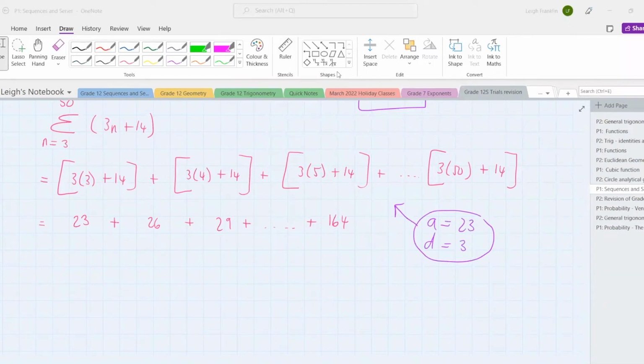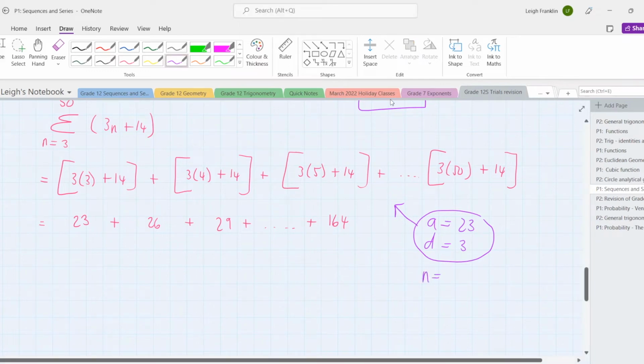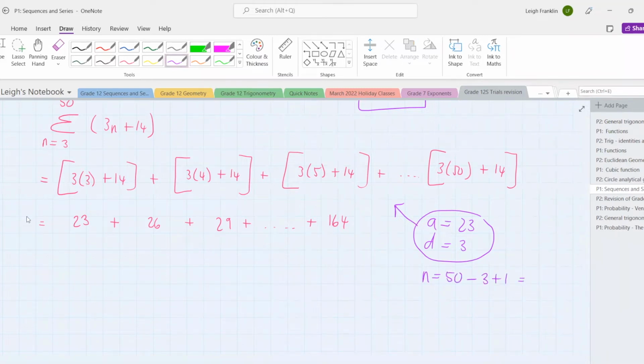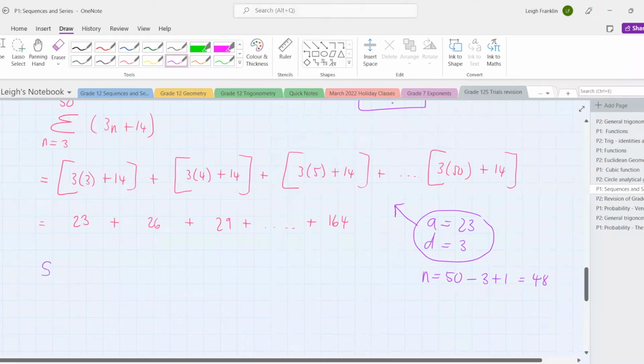So, ma'am, what we do first is that we'll say 50 minus 3 plus 1 to get the number of terms. Absolutely. So the number of terms is the number at the top minus the number at the bottom plus 1. Very nice. So there are 48 terms in this pattern.